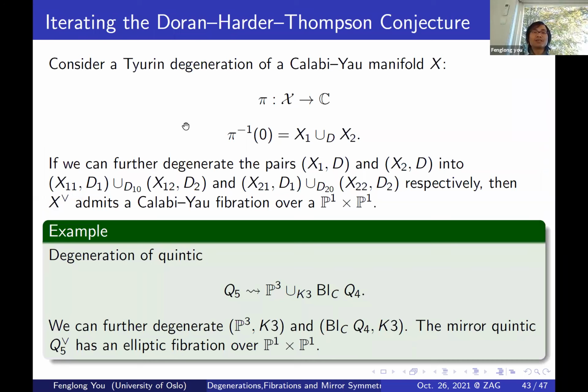And we can also use this to study the iterating structure of the Doran-Harder-Thompson conjecture, which is when we degenerate Calabi-Yau into 2 pieces, we can further degenerate these 2 log Calabi-Yau pairs into 4 pairs. And in this case, for example, in a quintic case, that gives an elliptic fibration over P1 times P1.